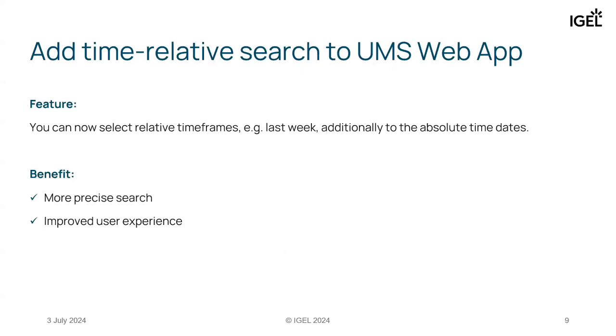Then another feature optimization for the search. Until now, it was only possible to search for absolute numbers, so for specific dates, and now it's possible to have a relative search. So you can search for the last week, for the last day.